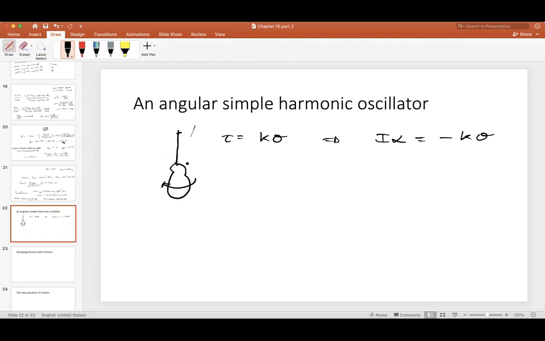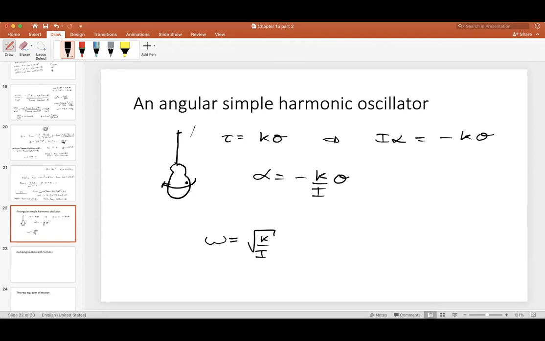It's rotating in this plane and it's got some negative torque on it. And therefore, because alpha is negative k over I, and alpha is the second time derivative of theta, you know that omega for this is the square root of k over I, where I is the moment of inertia around this z-axis, this axis that's rotating, and k is some friction constant in the string itself.